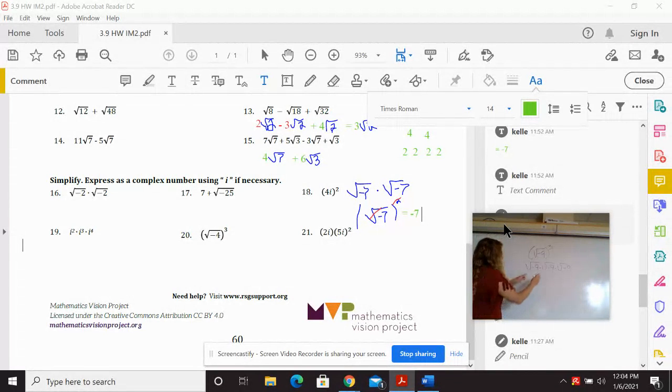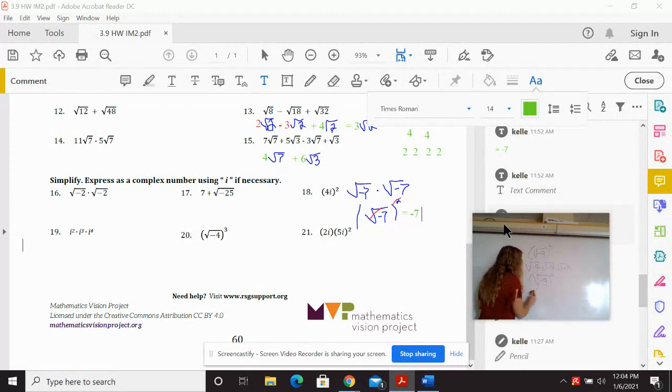These two together are the square root of negative 9 squared, which is negative 9.